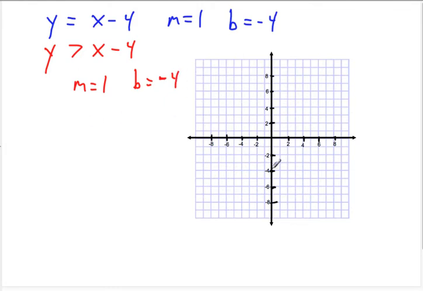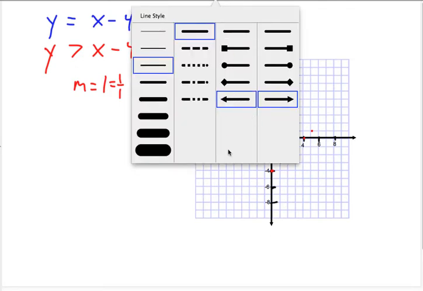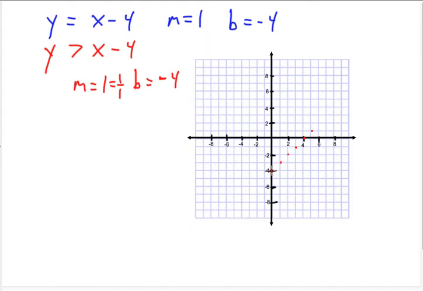So I'm going to start at -4, and I'm going to slope up 1. So remember, it's a fraction, so up 1 over 1, up 1 over 1, and so on. And so I get that line, which I'm going to make right now. Something like this. Alright.